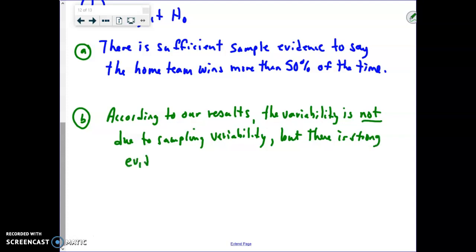Like I said, it's only 6 out of every 1,000 samples that would be more extreme than what we came up with. That's pretty strong evidence, but there is strong evidence of a home field advantage, at least in Major League Baseball.